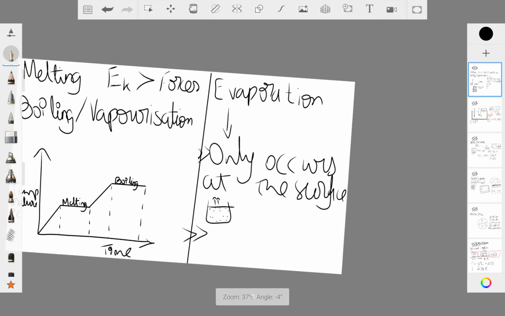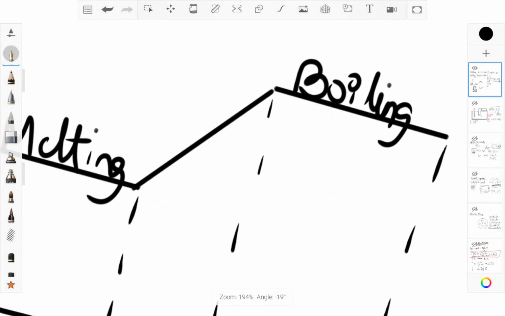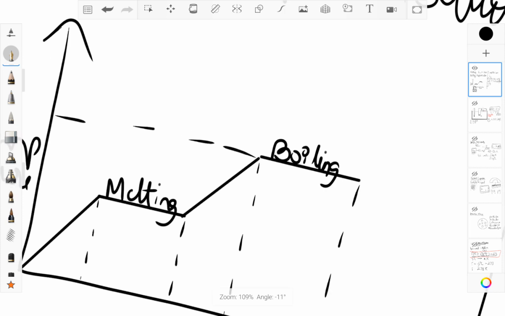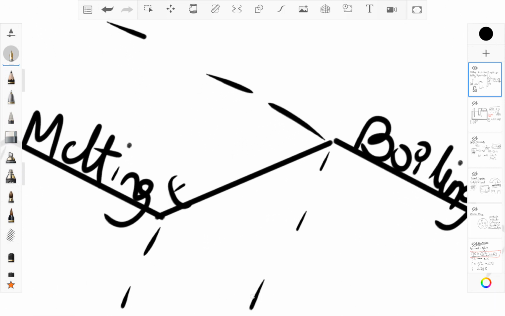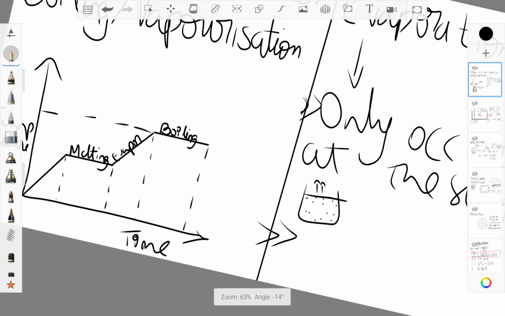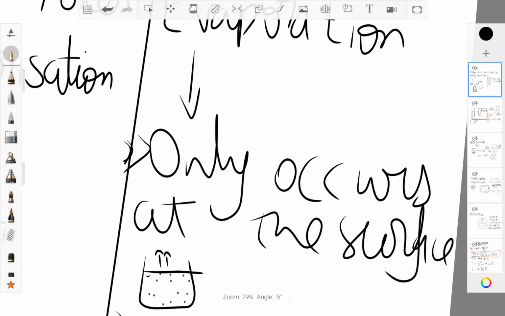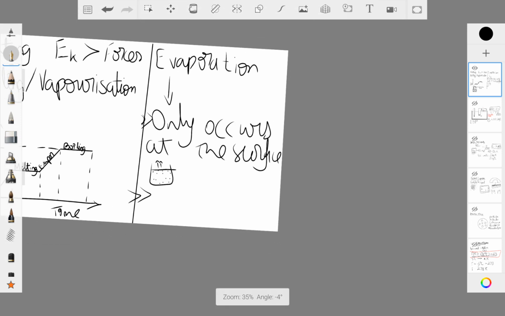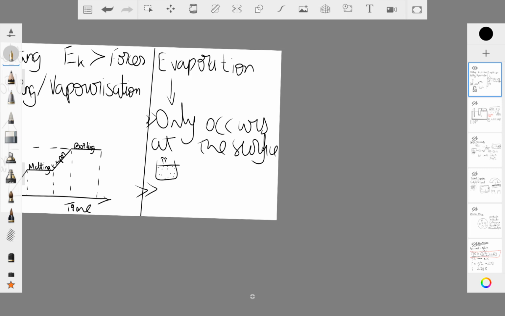So you can easily see that in the graph, where boiling occurs at this temperature, right here. However, evaporation can occur at this range of temperatures, which is another difference between the two. Also, evaporation only occurs at the surface and boiling occurs throughout the liquid. I forgot to mention that. And thus, evaporation and boiling differ in many ways.